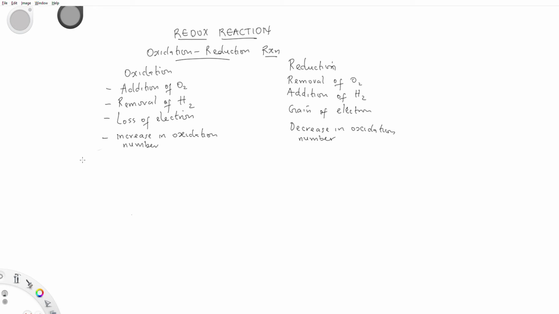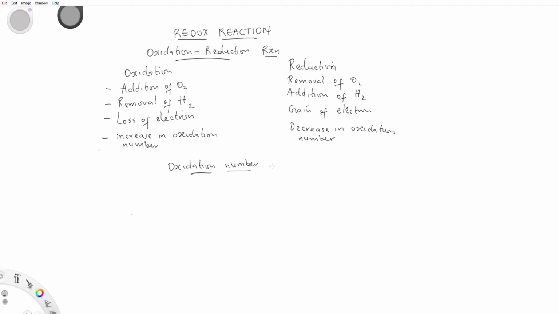What is oxidation number? Oxidation number is a number that tells the state of an atom or an element or a compound.